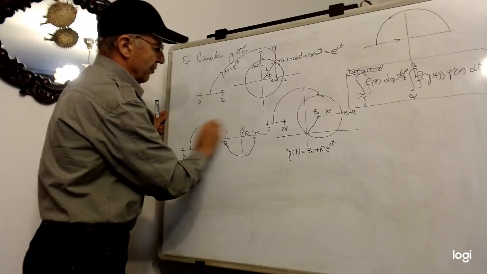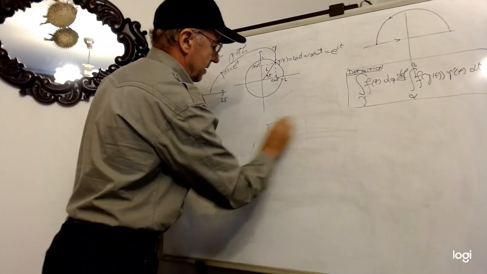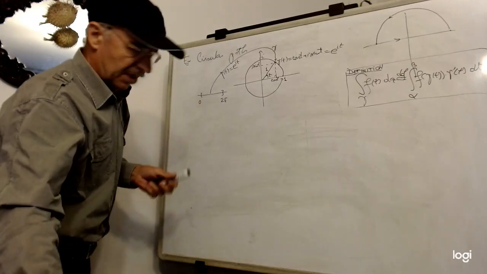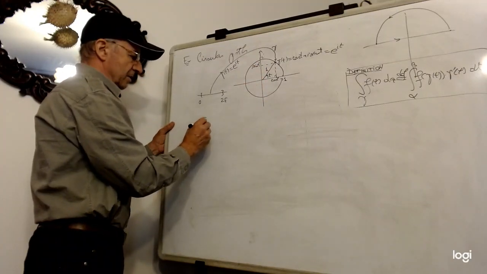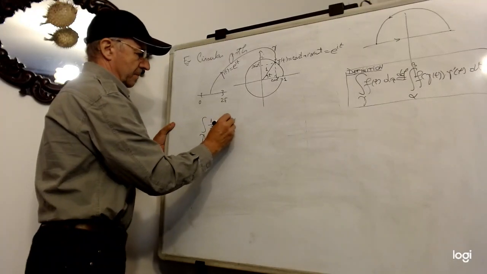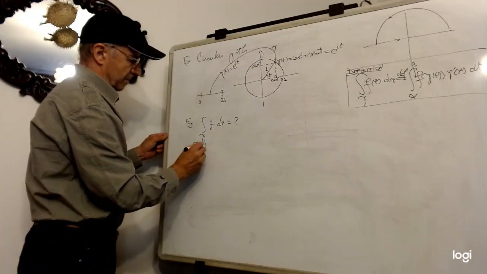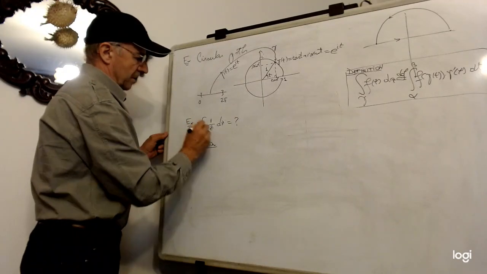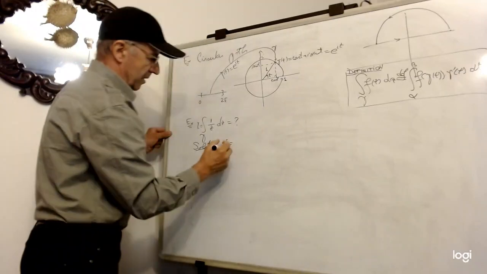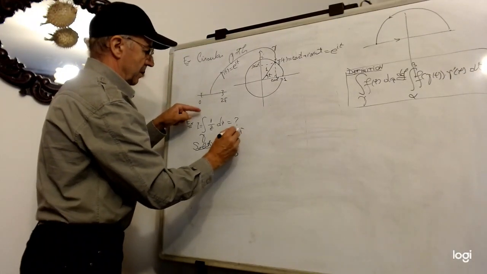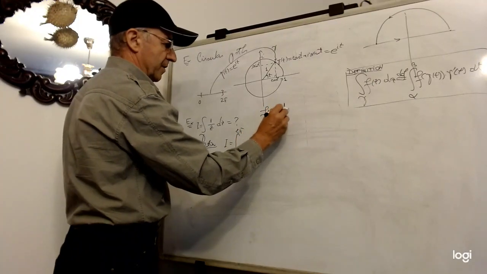Let us compute an integral by using this unit circle, and as an exercise, compute the integral along this path of the function 1 over z dz. This is an exercise where gamma is this path. Solution. This is our integral I. By using the definition, instead of alpha and beta, we have the integral from 0 to pi. We have f of gamma of t, and in our case, f of z is 1 over z.